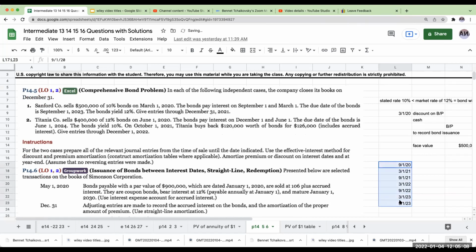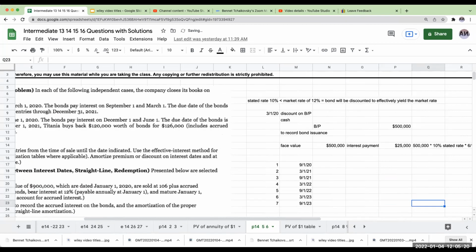So those are going to be the dates. The due date of the bonds is September 1st, 2023. So we've got 1, 2, 3, 4, 5, 6, 7. We have a total of 7 payments.